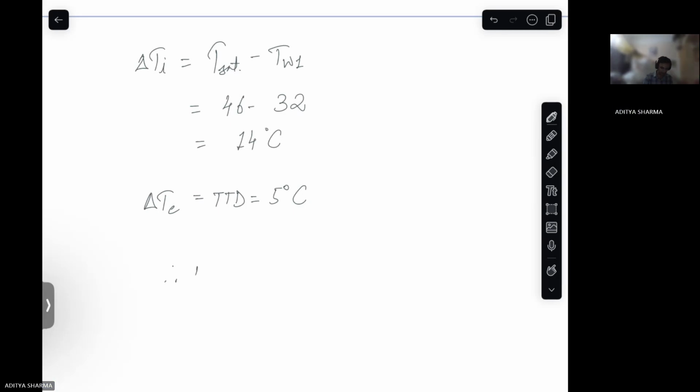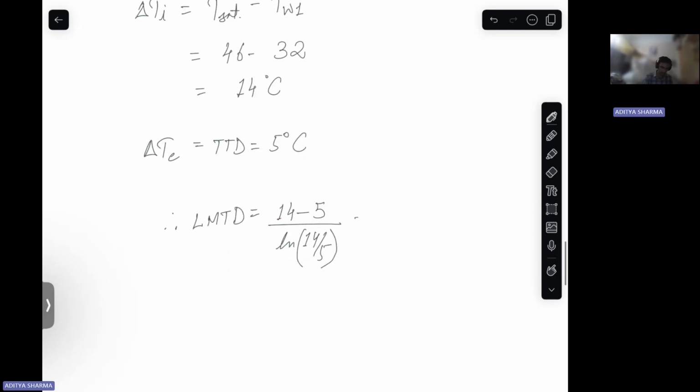Then LMTD is 14 minus 5 divided by ln 14 by 5. So if you work this out, this will come out to be, please calculate.